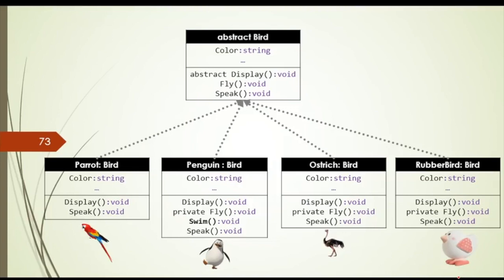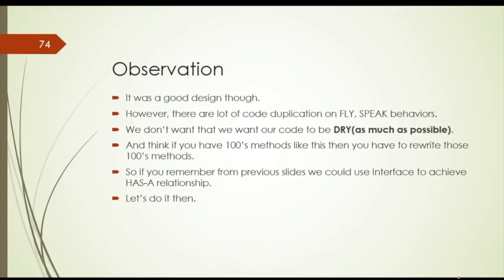So it's a really bad solution. So let's see our observation. From a simple perspective, it's a good design, but there is a lot of code duplication in speak and fly behaviors, as you've seen, and we don't want our code to be wet. We want our code to be dry as much as possible.